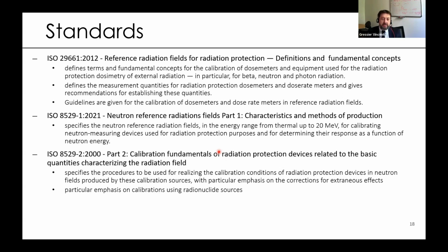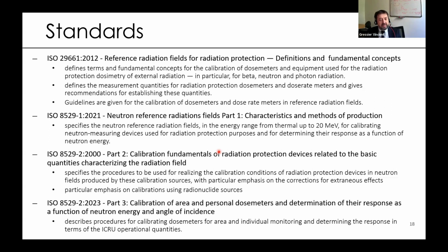Part 2 gives you procedures to be used in order to calibrate radiation protection devices, and it has a particular emphasis on the radionuclide sources. It's less informative for other types of neutron sources.